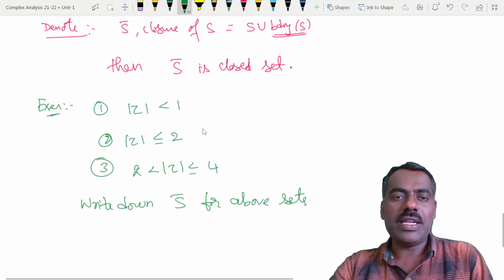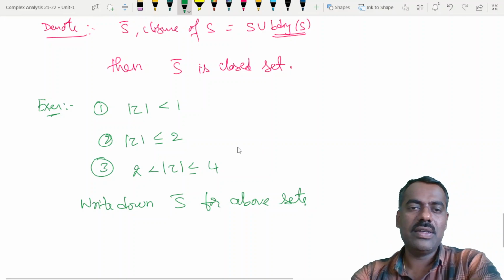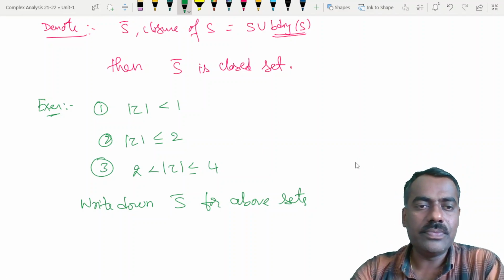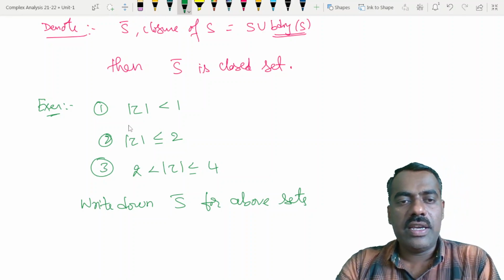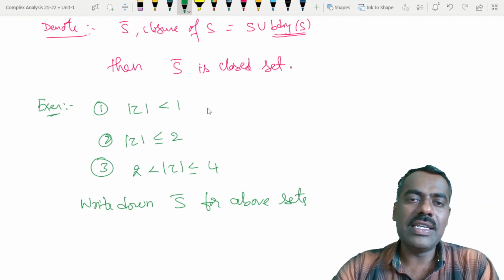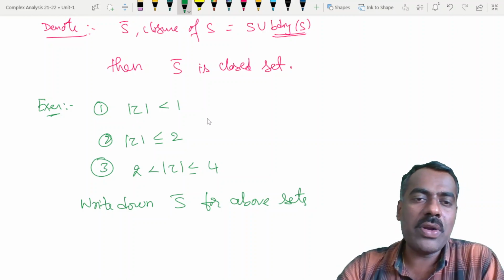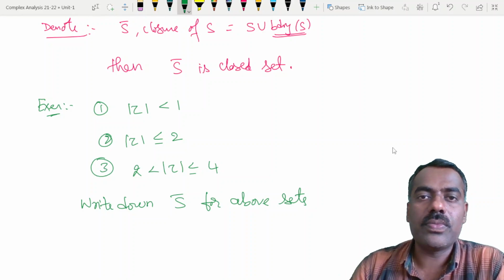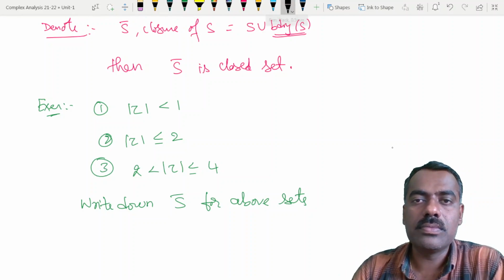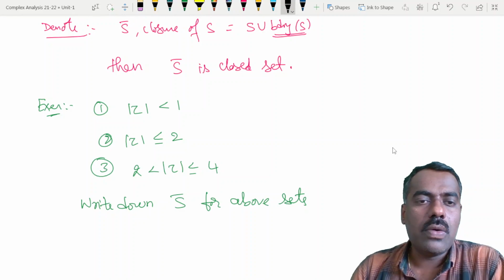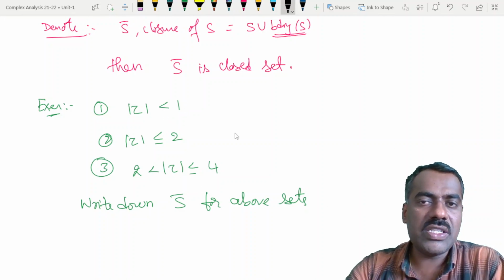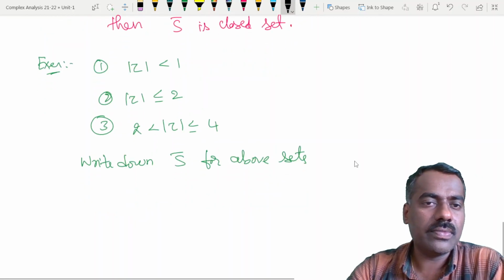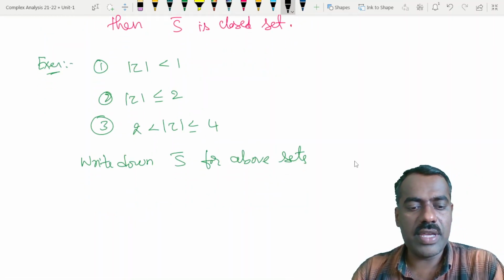That means you have to include boundary points. If mod z is less than 1, you should know what the boundary is and include it. What is S bar? S union boundary of S.